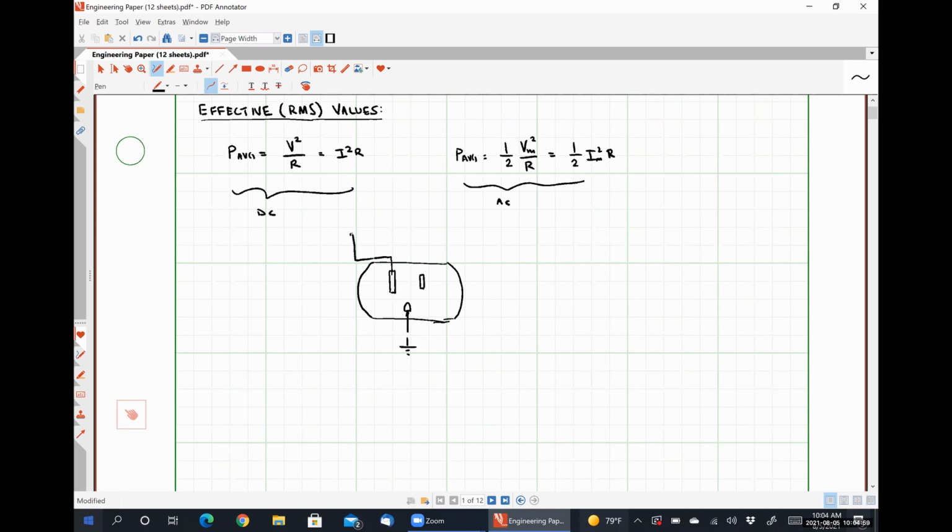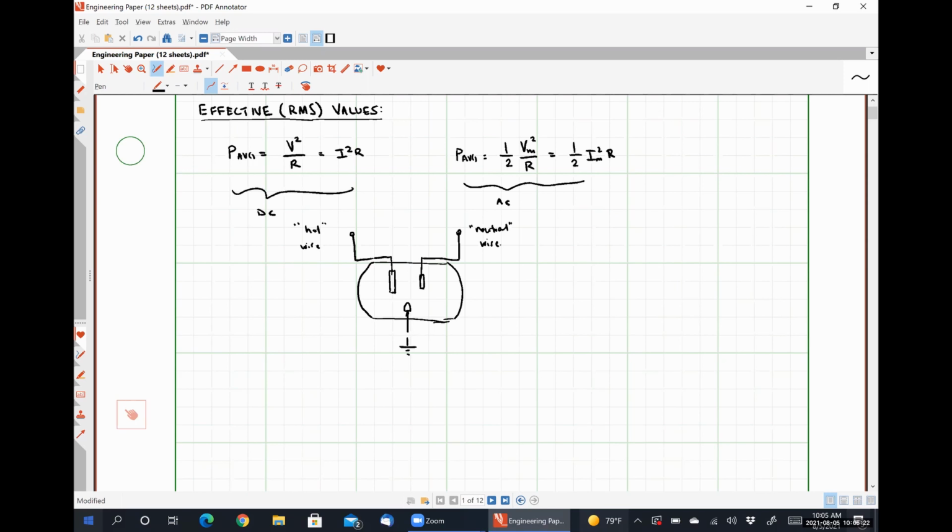This guy here is what we would call our hot wire prong. And this guy here is what we would consider our neutral wire prong.